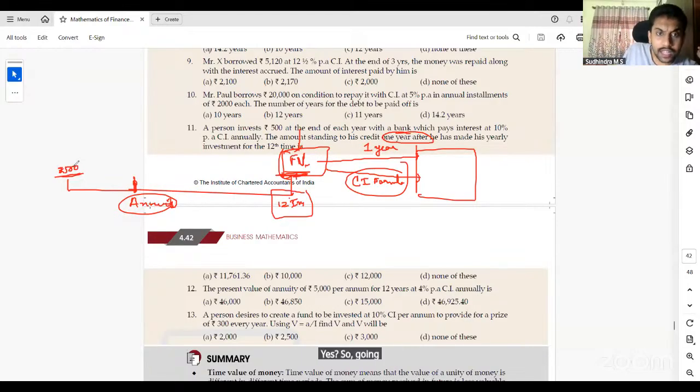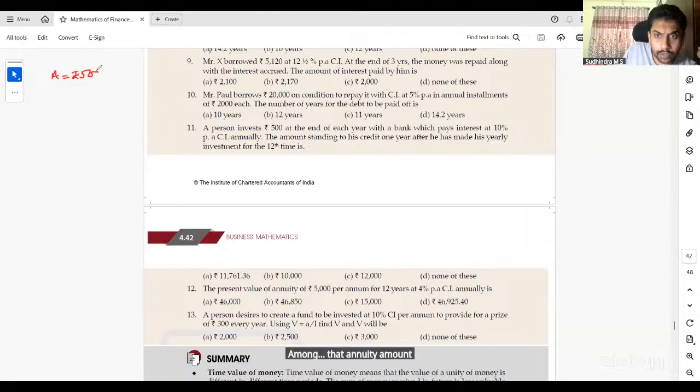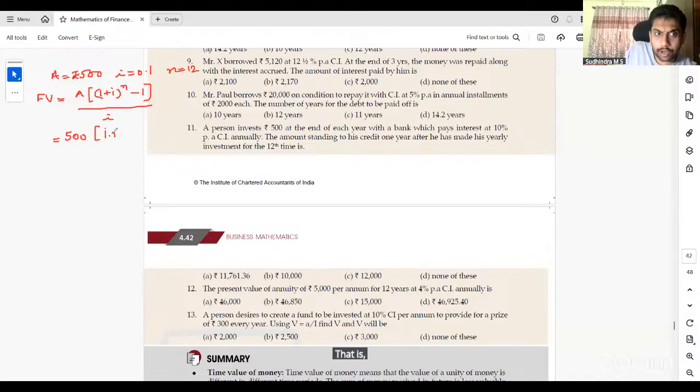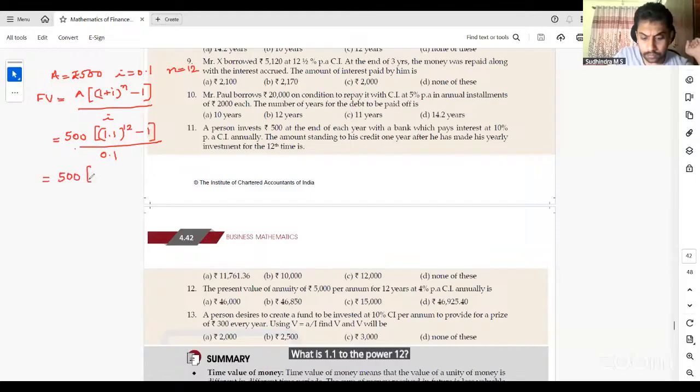Going with that, the annuity amount is 500 rupees, the rate of interest is 10% and n is 12. Can I calculate the future value? A into (1 plus i) to the power n minus 1, divided by i. That is 500 multiplied by (1.1 to the power 12 minus 1) divided by 0.1. What is 1.1 to the power 12? 3.1384.